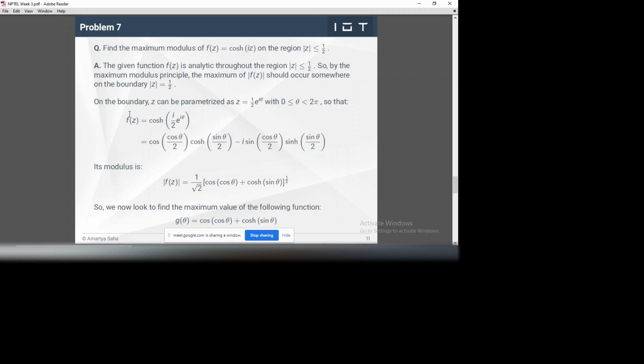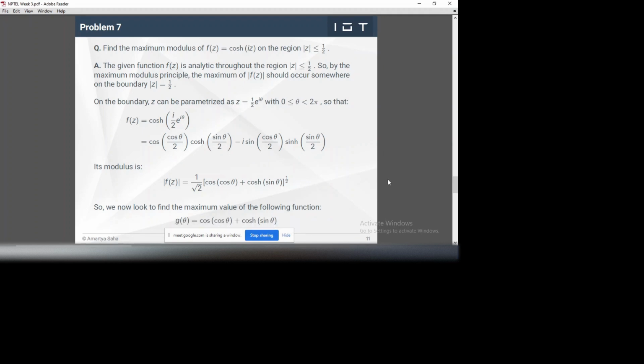I have just written it in real plus imaginary part. Its modulus is of course the square root of the square of the real part plus the square of the imaginary part. So that is the modulus, and this modulus is obtained as this one: cos theta plus cosh sin theta.